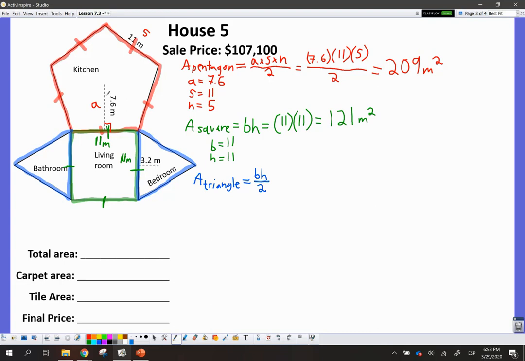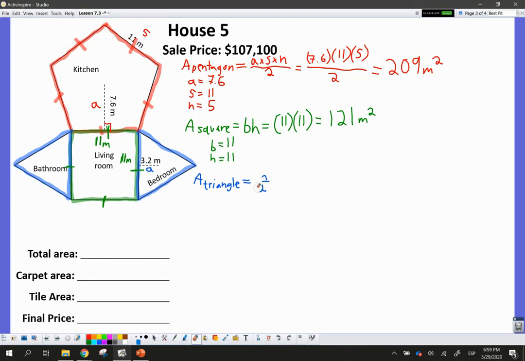But remember, a line that goes from the center of the shape to a side is the apothem. So this is actually an apothem for the triangle. That 3.2 here is the apothem. So because this is our apothem, we can't use this formula. We can't use base times height divided by 2.